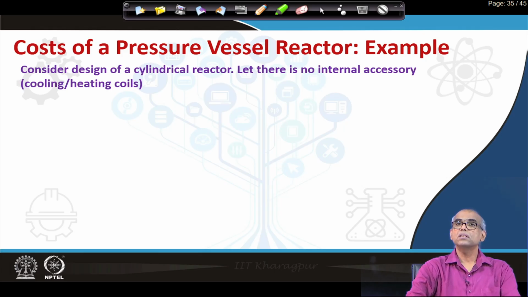So, using the procedure for sizing of the reactor and following the codes for determining the thickness of the pressure vessel reactor, let us consider we have obtained the length, diameter and thickness of the cylindrical shell.